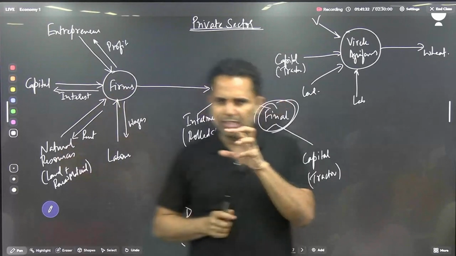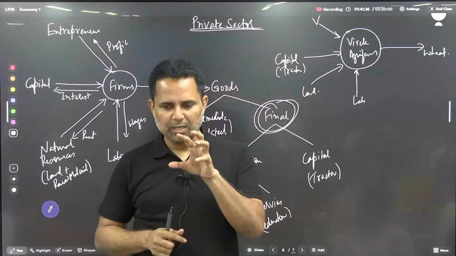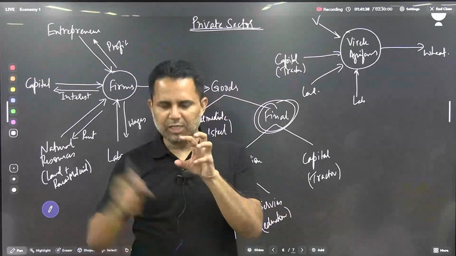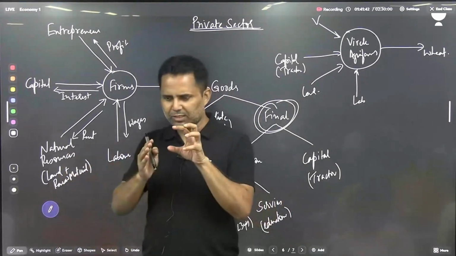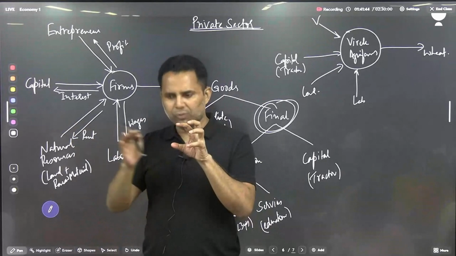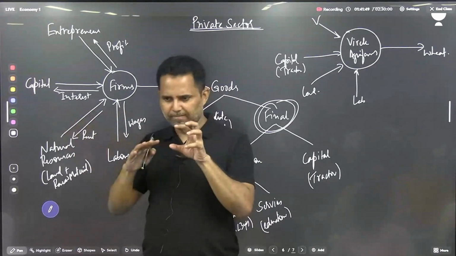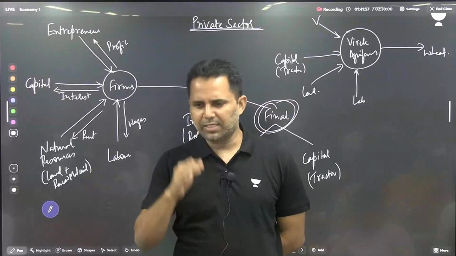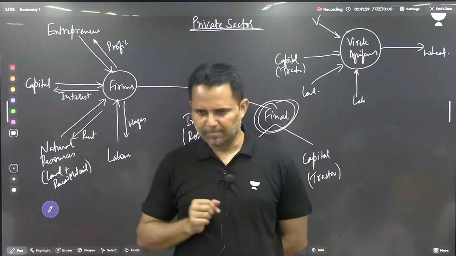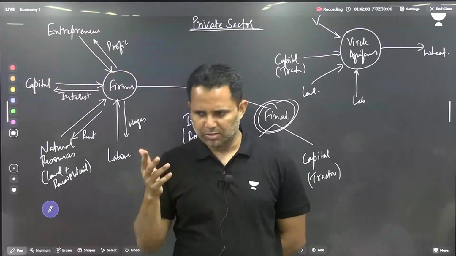A company, listen carefully, otherwise you will not understand. A company may require as an input raw material, intermediate goods, or capital goods. Capital goods are used as an input.